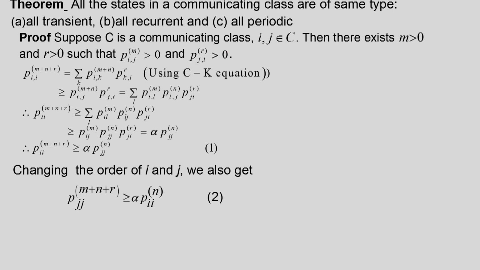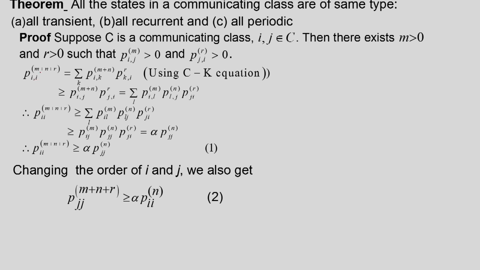Now, consider for any n the probability P_ii^(m+n+r). That is the probability of coming back to state i at step m+n+r. Now, we can apply the Chapman-Kolmogorov equation. We consider the first m+n steps, and then from k it will move to state i in r steps.